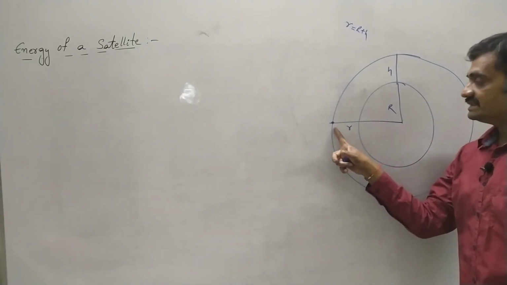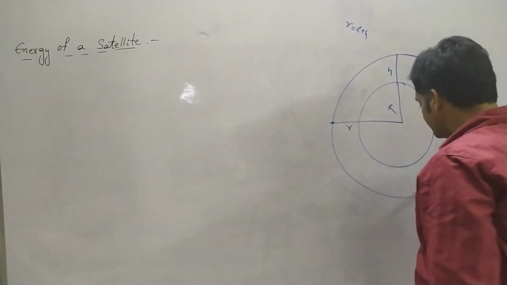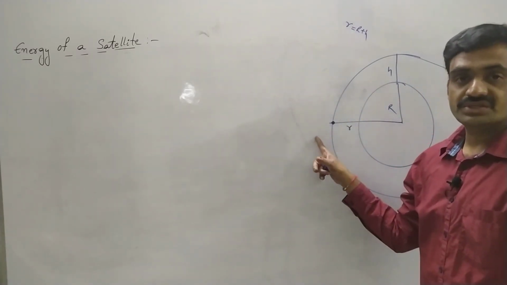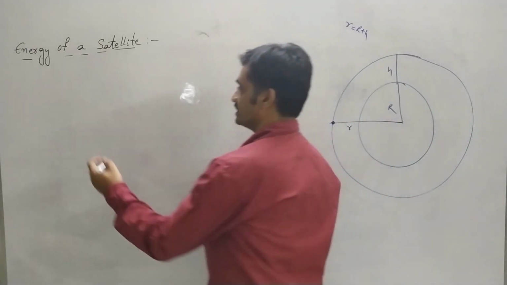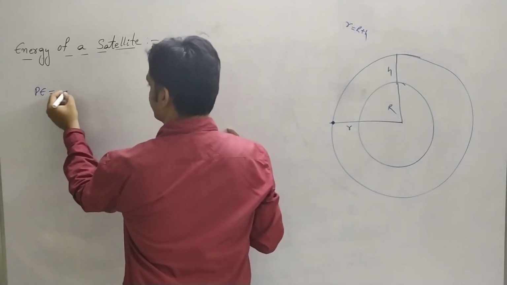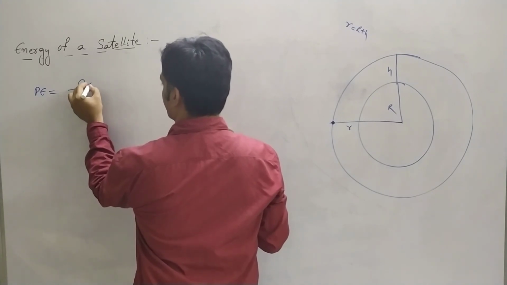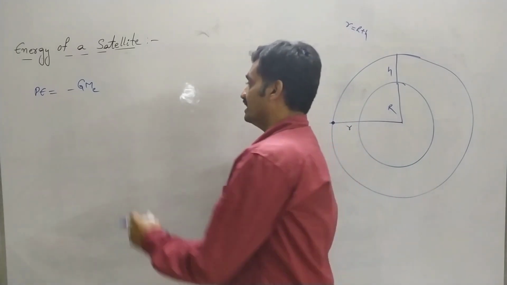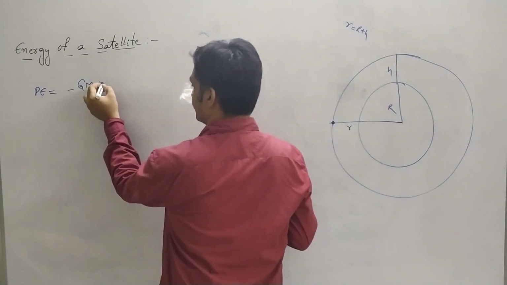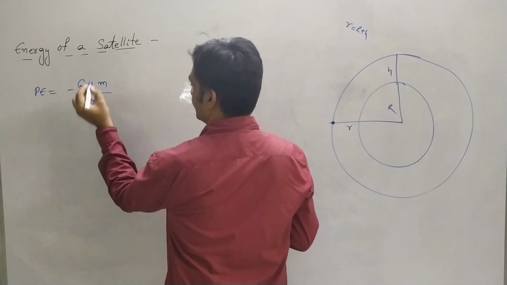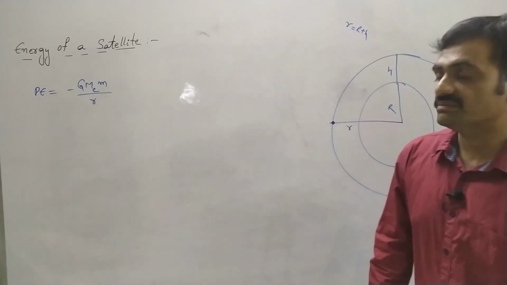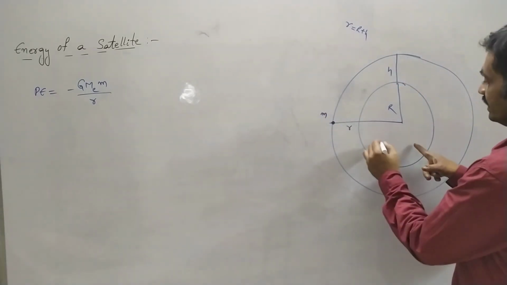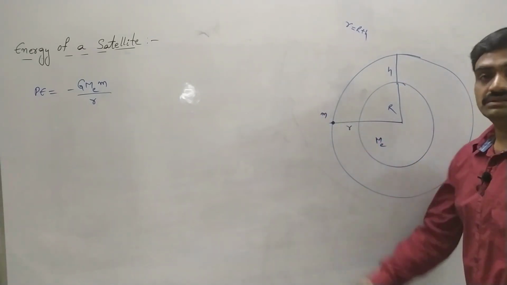Since the satellite is placed at this point and it is revolving, it possesses potential energy at this point. The potential energy of the satellite is given as minus G M_e m by r, where small m is the mass of the satellite and M_e is the mass of the Earth.